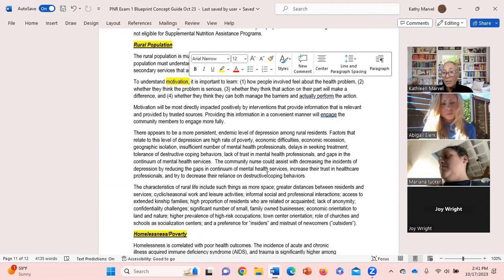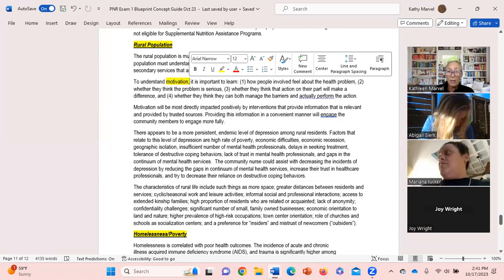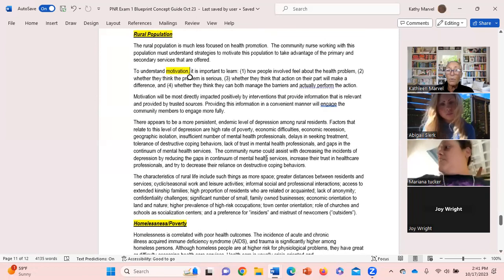Really important. This is a population that's very unmotivated. How do we get them motivated? Here's some suggestions. Motivation will be most directly impacted in a positive way by nursing interventions that provide information that is relevant.